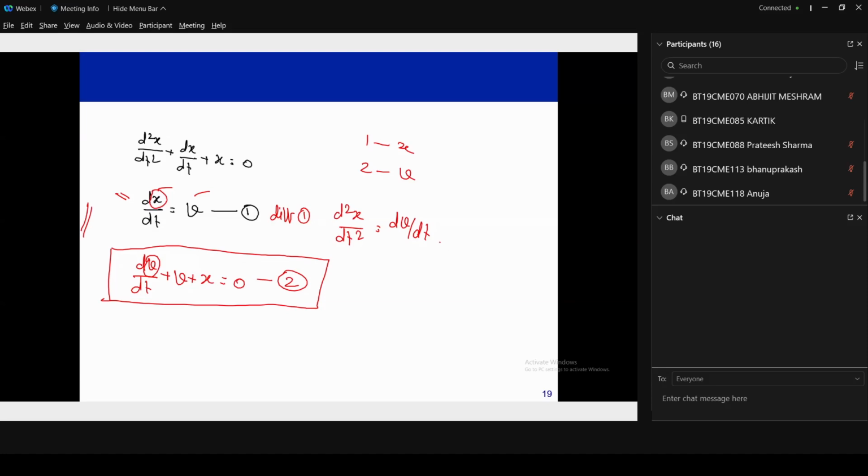Now, what is the initial condition given with this equation? Let's say x of 0 is equal to 0. Where will I substitute this? Is it the initial condition for this equation or that equation? Sir, equation 1. It should be equation 1. And then I differentiate: dx at 0 by dt is equal to 0.